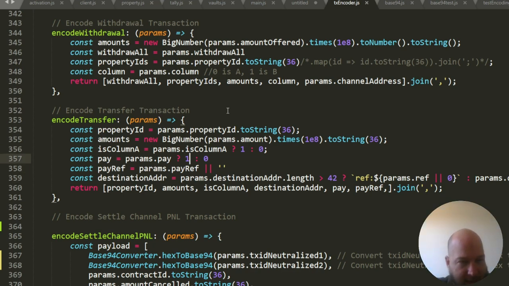You can set the pay flag so that instead of your commit address, which a withdrawal would pull funds out to, it can be somebody else's address, maybe one that hasn't even originally committed funds.